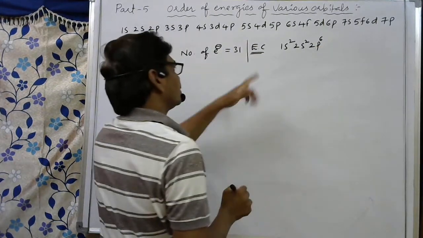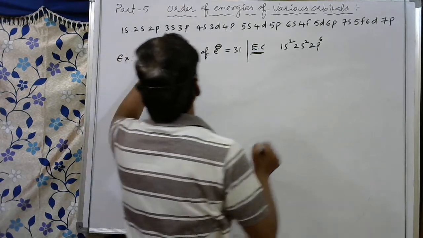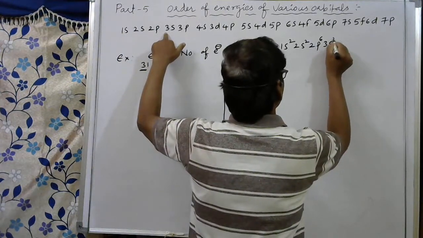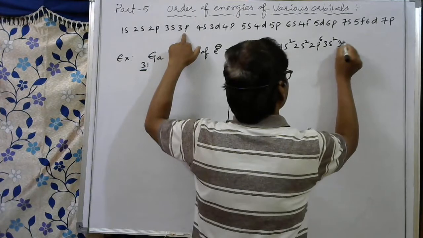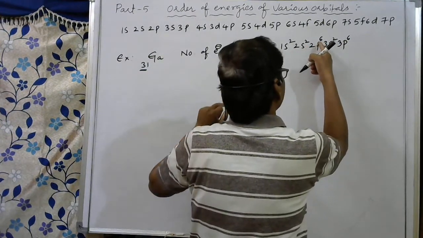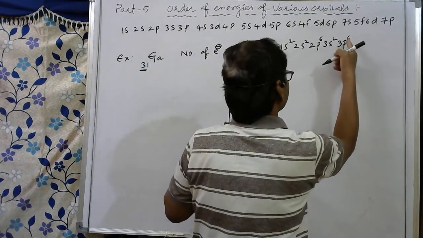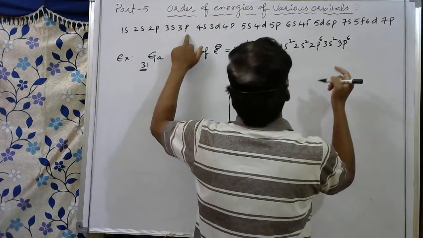Up to here 10 electrons are over, so the remaining electrons are 21. The next electrons enter into 3s: 3s2. Then 3p6. Up to here 18: 2 plus 2 is 4, plus 6 is 8, plus 2 is 10, plus 2 is 12, plus 6 is 18. So up to here it is completed.